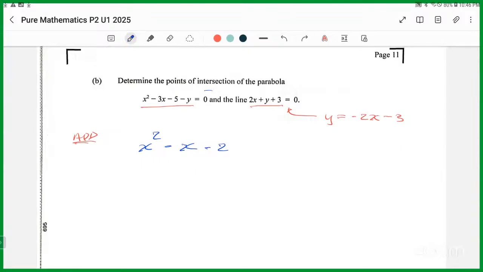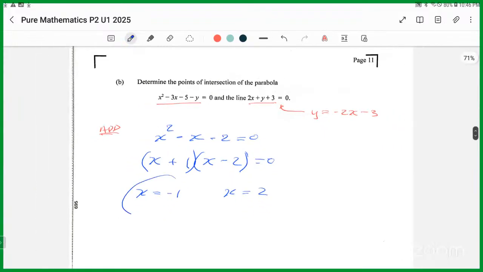That's all equal to 0 plus 0, which is 0. With a nice simple quadratic that factorizes without a thought: the numbers are 1 and 2, with different signs, minus and plus. So x equals negative 1, or x equals 2.